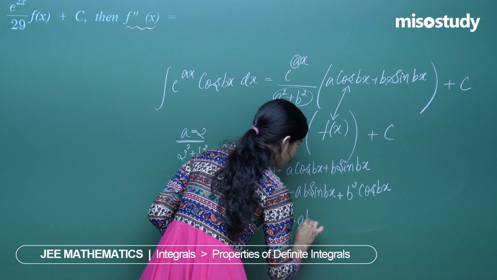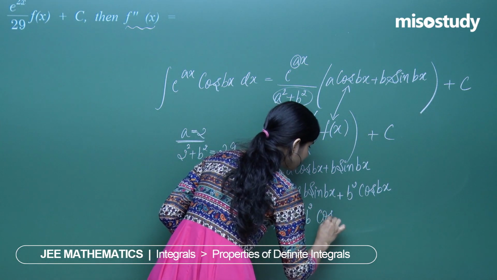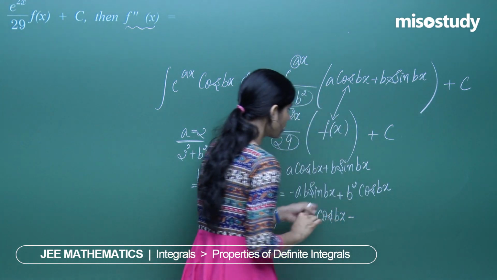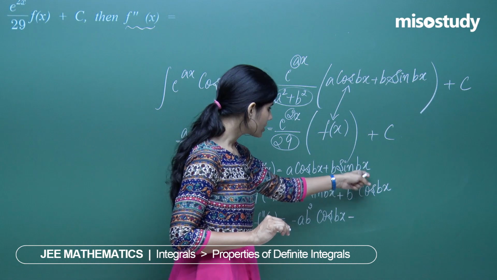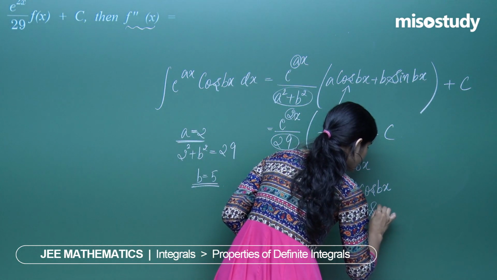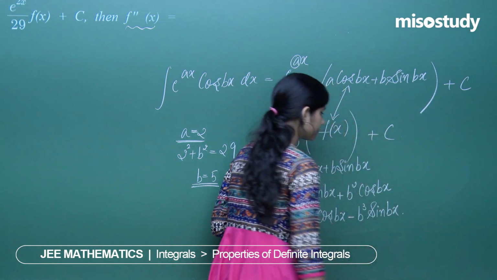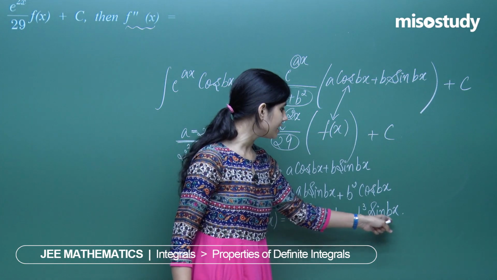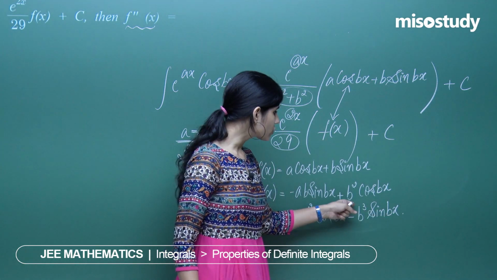Minus a b square cos bx, and here this was cos bx, so b square, and then here you get minus b cube sin bx. Isn't it? Because d by dx of cos bx is minus sin bx into b.